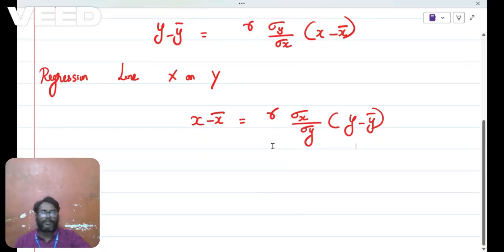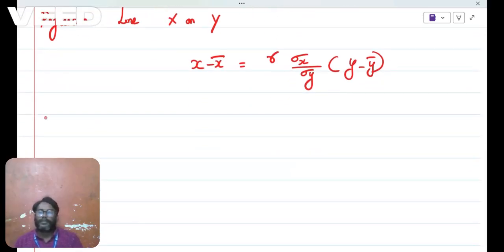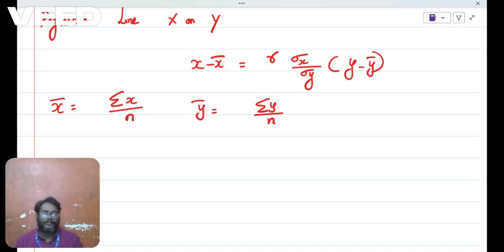Here x bar denotes the average or mean, sigma x by n. Y bar denotes sigma y by n.